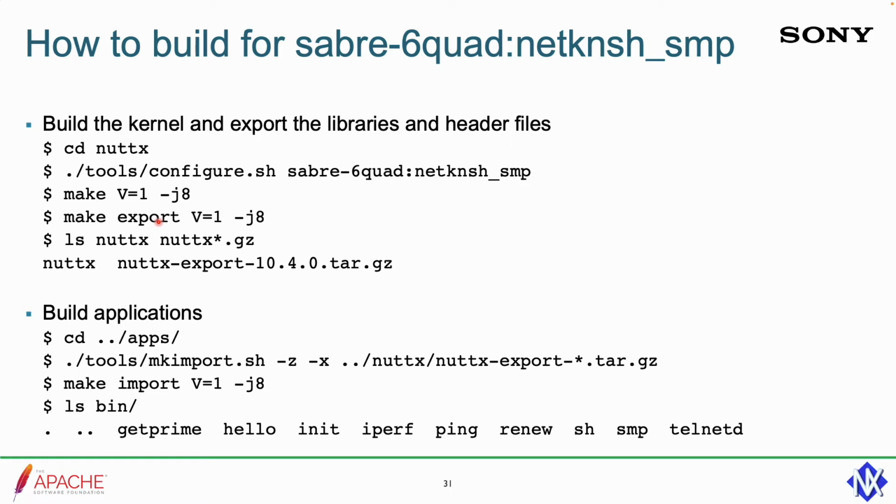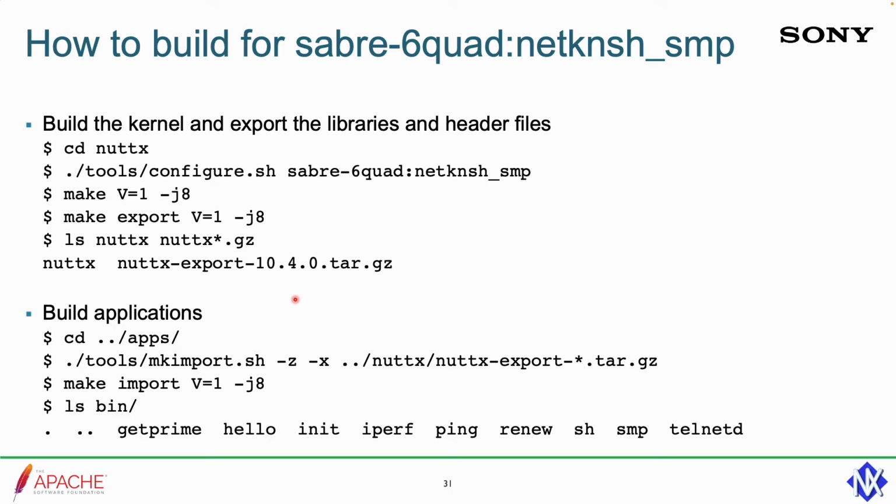This step is the same for the flat build type. Then export the libraries and header files by executing make export. Finally, you can find the nuttx-export-version-number zip under the NuttX directory.